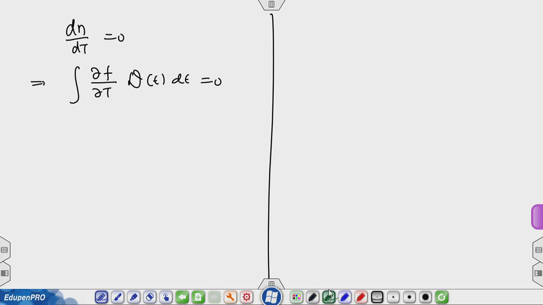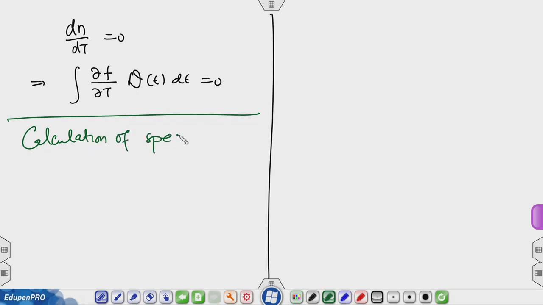So now I'm going to do the calculation of the specific heat of free electrons.